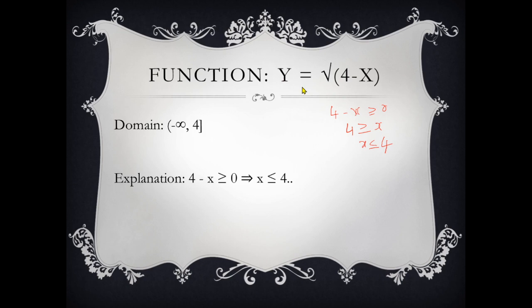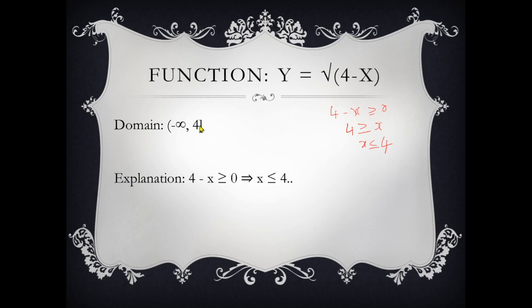So the domain is minus infinity to 4, less than 4 is allowed, negative numbers. If it is any negative number, suppose it is minus 5, 4 minus of minus 5 will be a positive number. So that will be a real value. So the domain is minus infinity to 4, including 4.